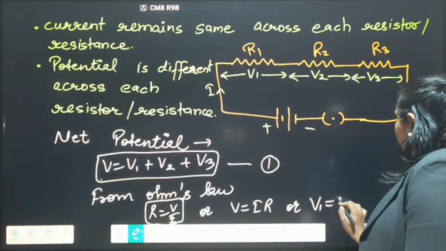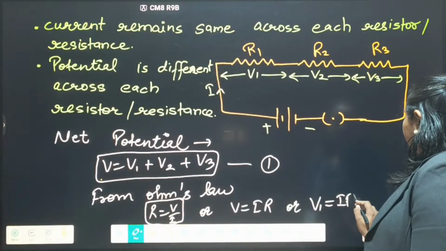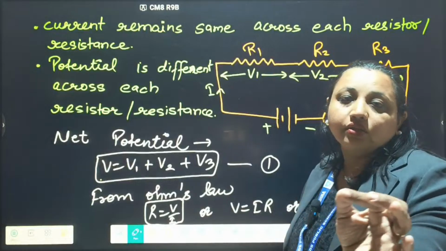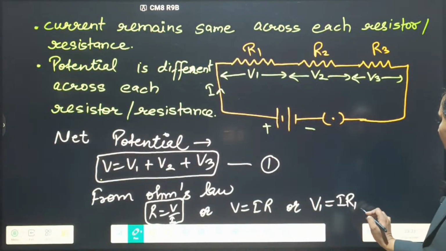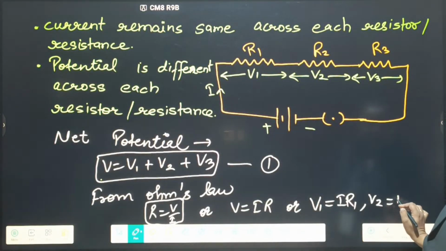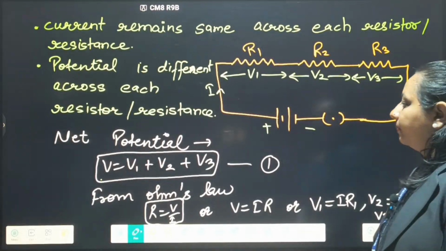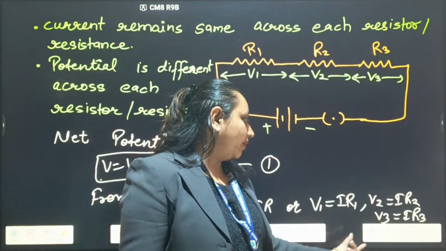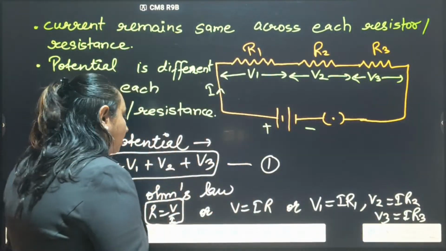V1 is equal to, current remains same, so we can say I1, I2, I3 is equal to I. So it's IR1 and V2 is equal to IR2 and V3 is equal to IR3.